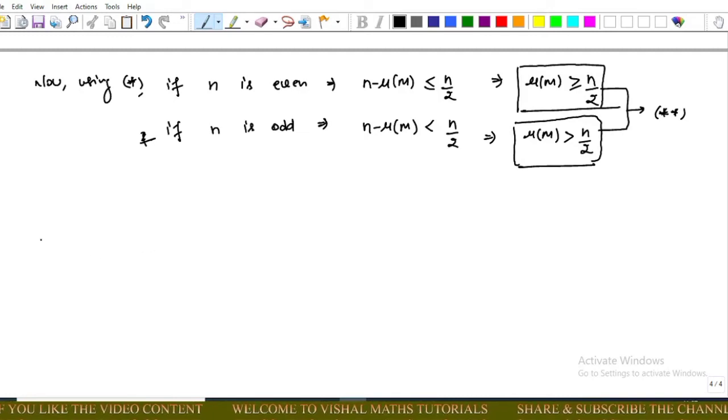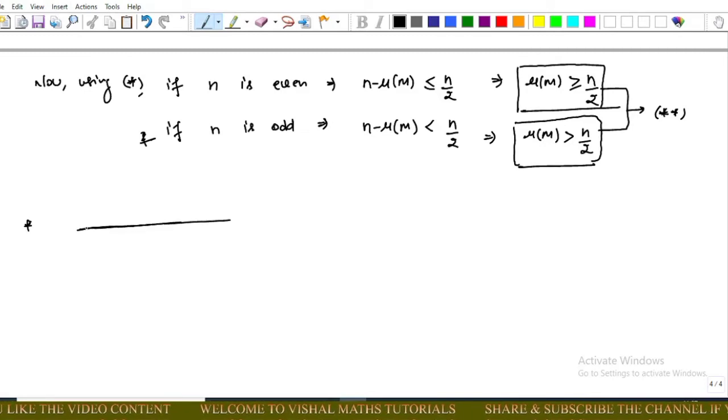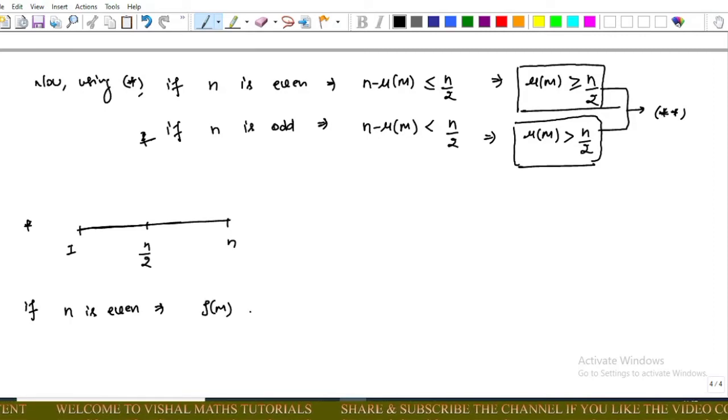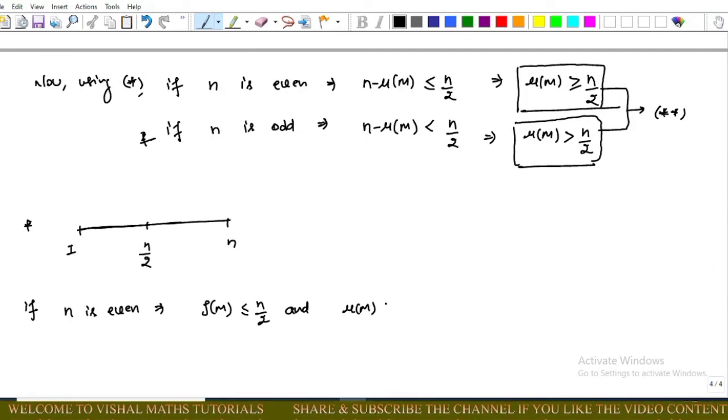And notice this point. On the line segment from 1 to n, this is n upon 2. If n is even, this implies that rank of M is less than or equal to n upon 2, and nullity of M is greater than or equal to n upon 2.